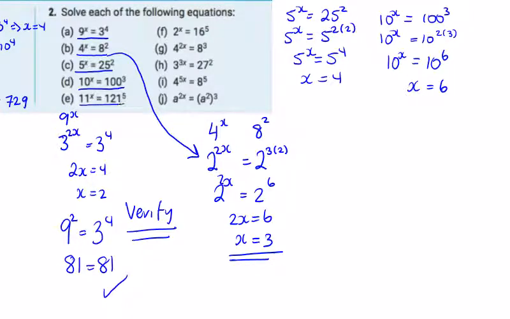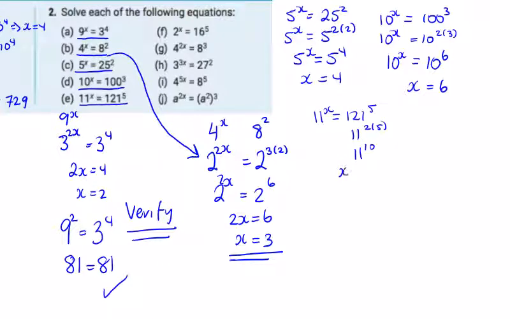So now we're on to E. 11 to the power of x is equal to 121 to the power of 5. So you should identify that 121 is 11 squared, and the 5 stays there. I don't need the brackets on the 11. So that's 11 to the power of 10.